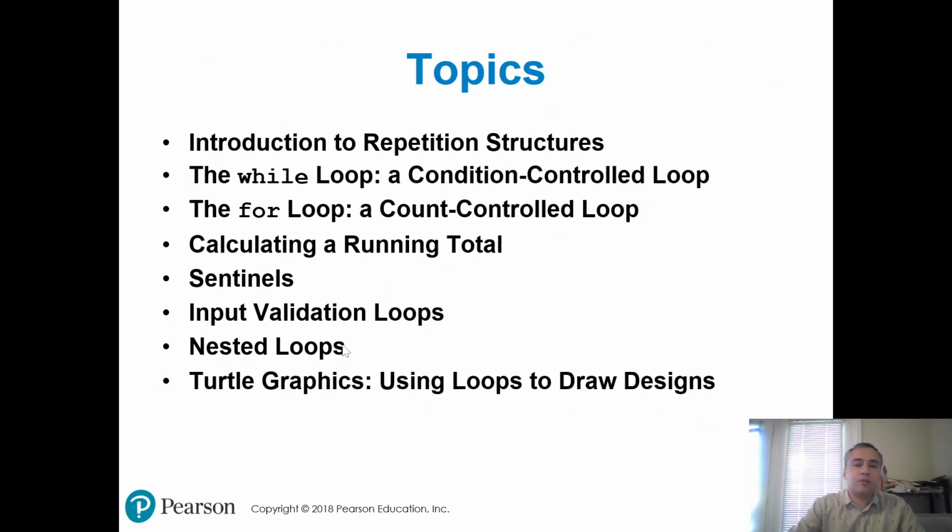Introduction to repetition structures. We will talk about a while loop, which is a condition controlled loop. It's the same Boolean valued condition, true or false, as we used in if statements. We will also use a for loop, that is a count controlled loop, repeating the same chunk of code a certain number of times.